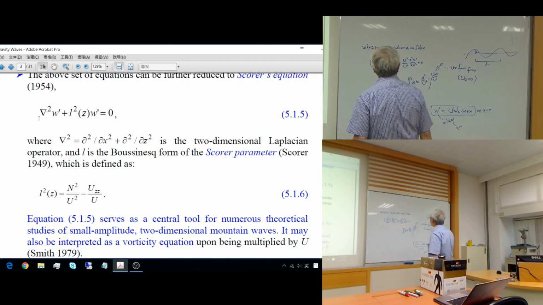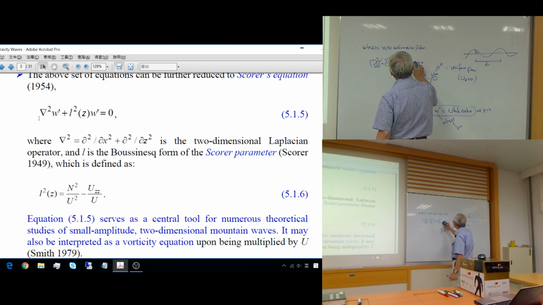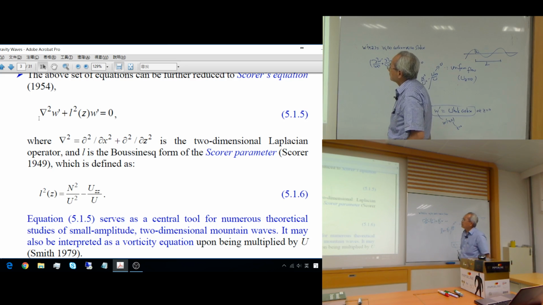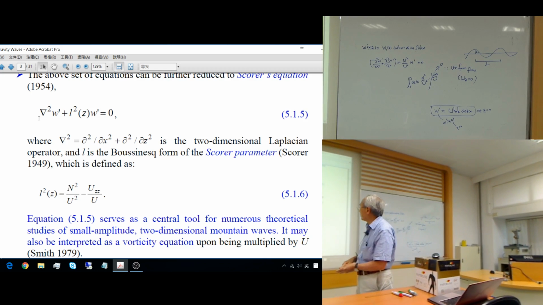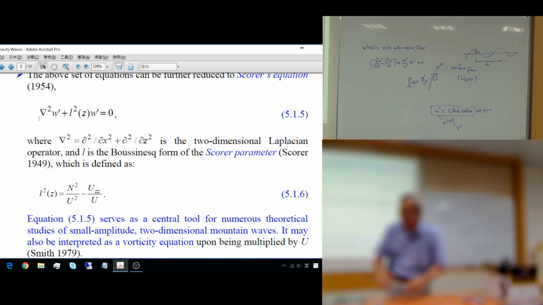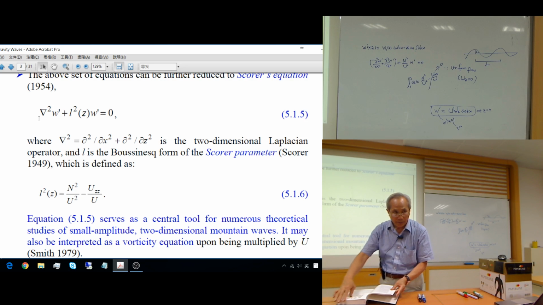We don't have w prime. I remember we have that. Let me double check. 5.5.2. I believe we have that square there. Do we?